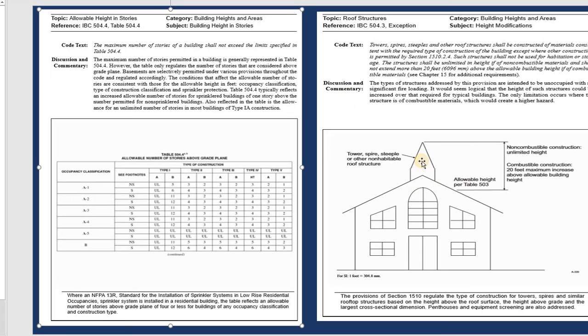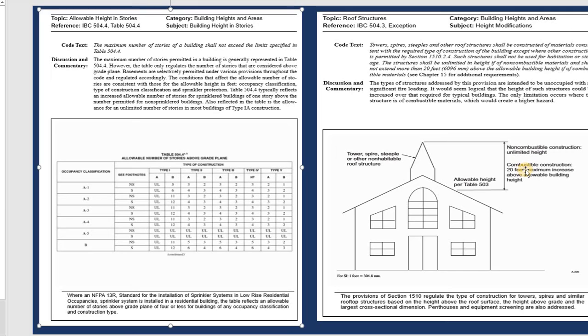On this side you can see some parts that do not belong to the main house, they're outside, and how much allowable height for the ones outside like this, for example tower, spire or other non-habitable roof structure, and you can see that they allow the height per table 503. So you open 503, you can know the maximum for non-combustible or combustible.